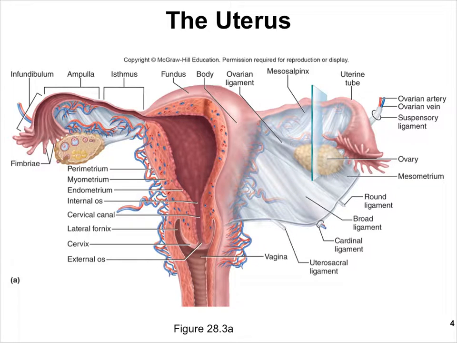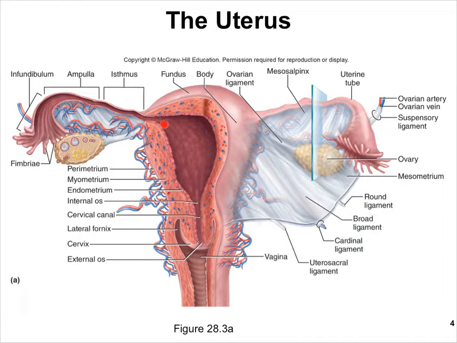Most of the uterus has 3 layers to it. The perimetrium on the outside is a layer of epithelial and connective tissue. The myometrium, which forms most of the mass of the uterus under normal circumstances, is a heavily vascularized smooth muscle.